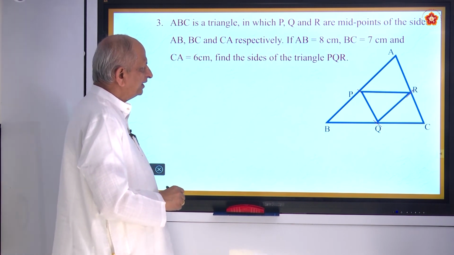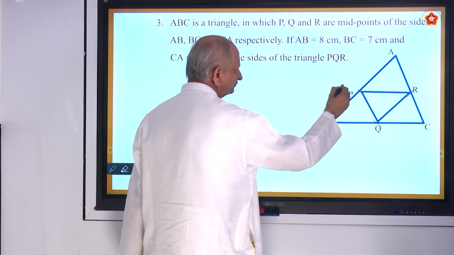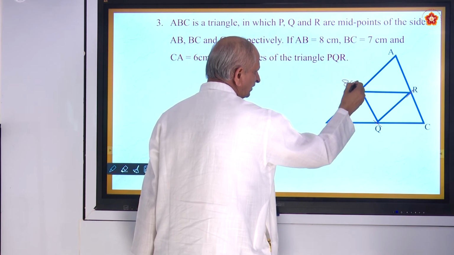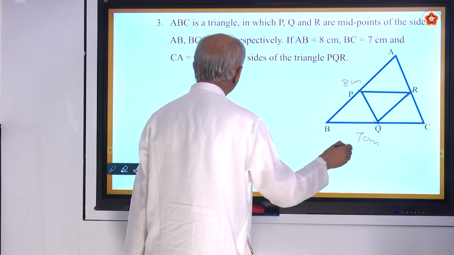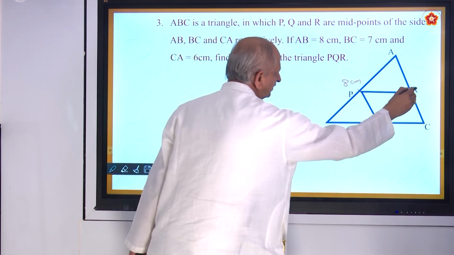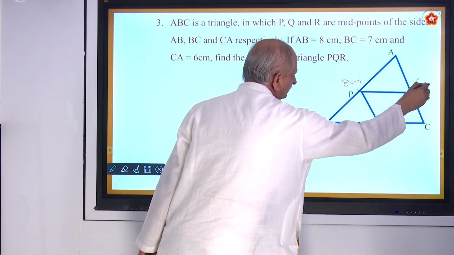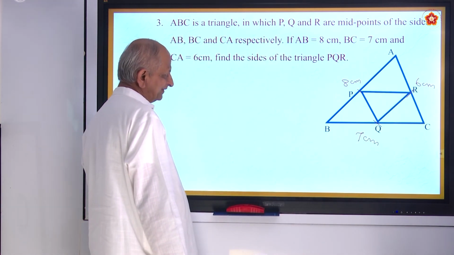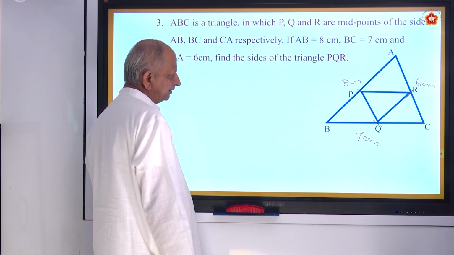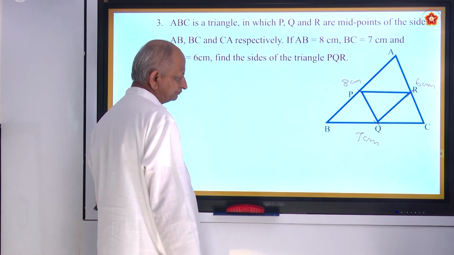You are given AB 8 centimeters, BC 7 centimeters and CA 6 centimeters. Now they are asking measurement of PR, triangle PQR.